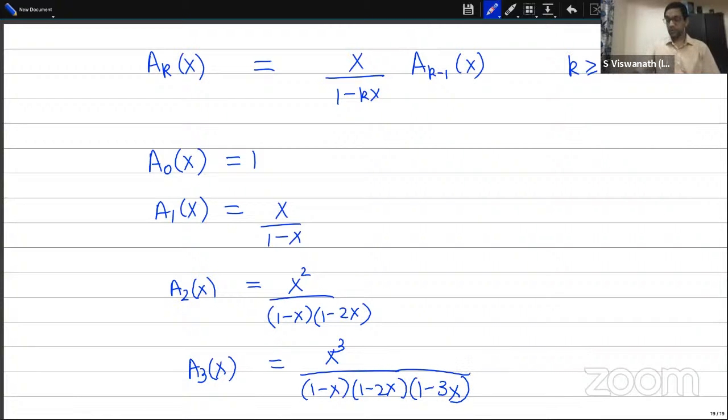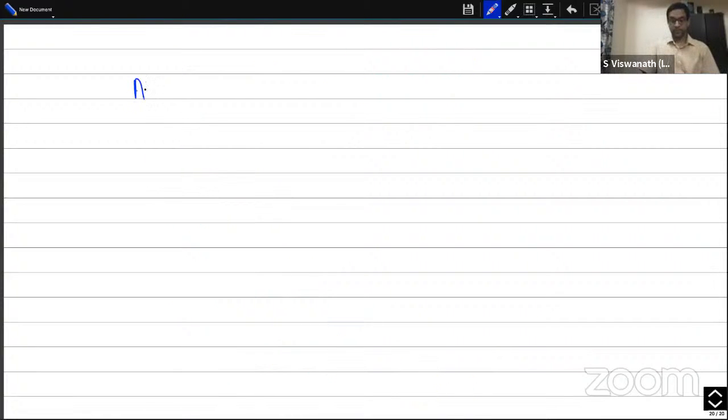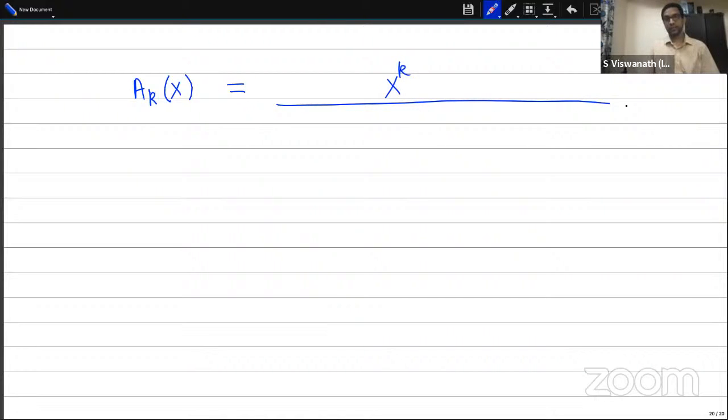Okay, and we keep going, and we make this rather remarkable final observation that I can actually tell you what the Stirling number is. Well, it is just from the following generating function. Look at the following function of x: x^k divided by (1 minus x)(1 minus 2x)...(1 minus kx).